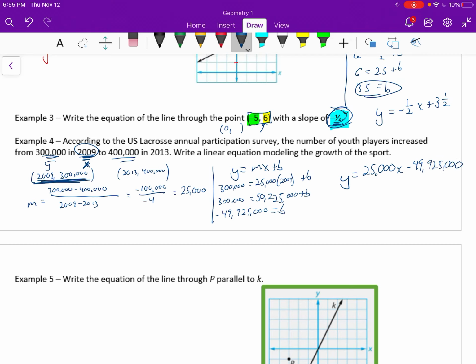You might think, wow, why is that such a large number? Well, we're talking about the year 2009, so our y-intercept is back at year 0 BC, which is why it's so low. That's a line that might represent the linear growth in the last 10 years and maybe over the next 10 years, but you probably can't go any further than that for this to be a good model.